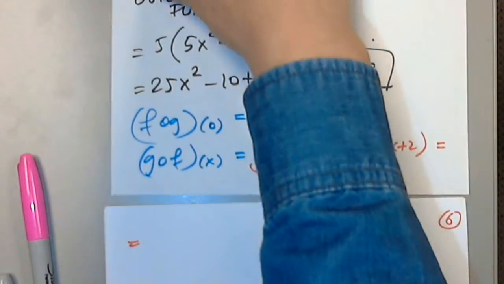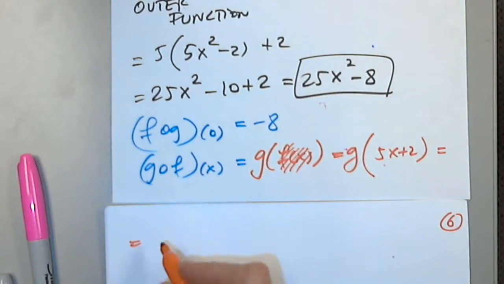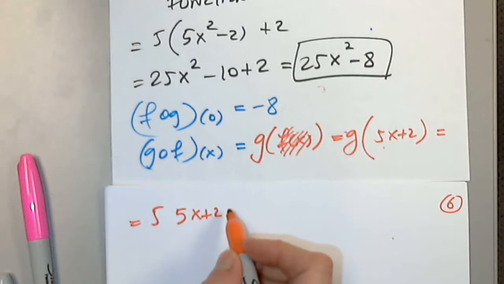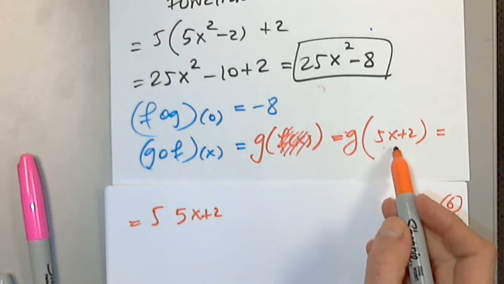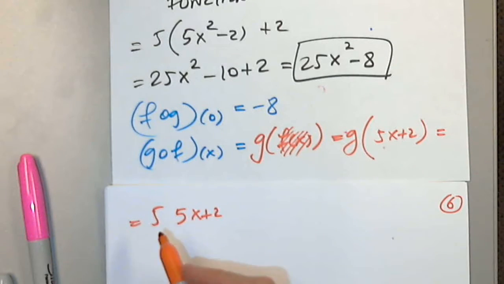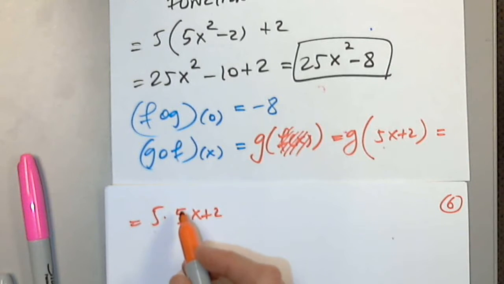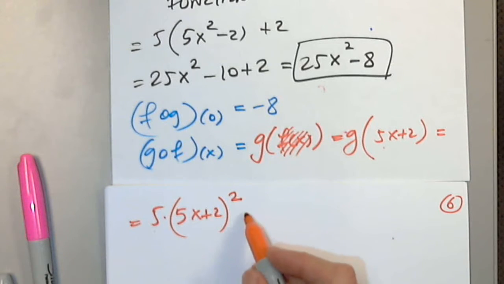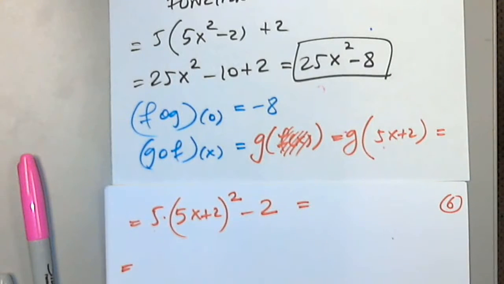So please dictate. 5 into 5x squared. This is the whatever. This is what I have to plug in. So 5 times 5x plus 2, squared, minus 2. Very good.